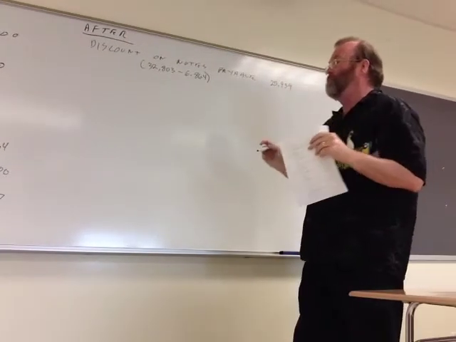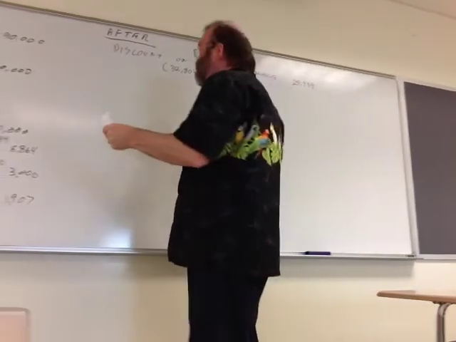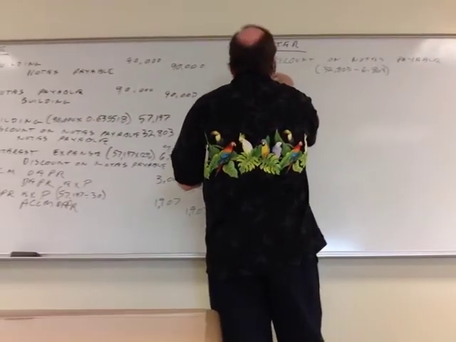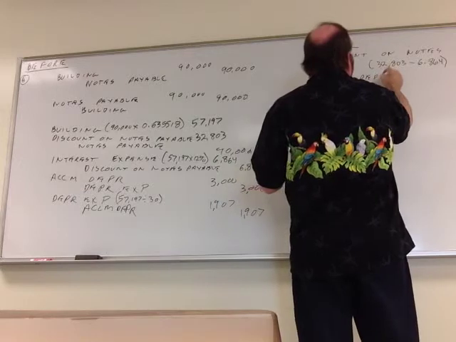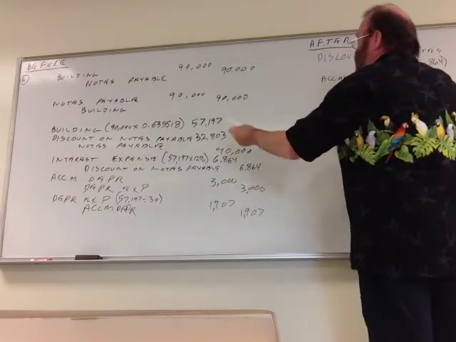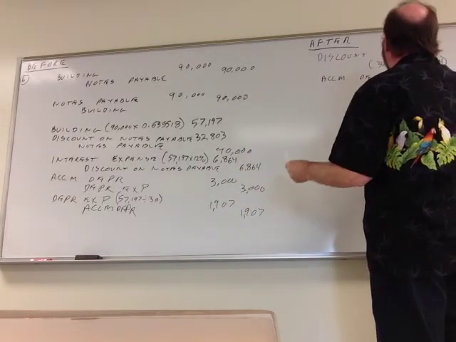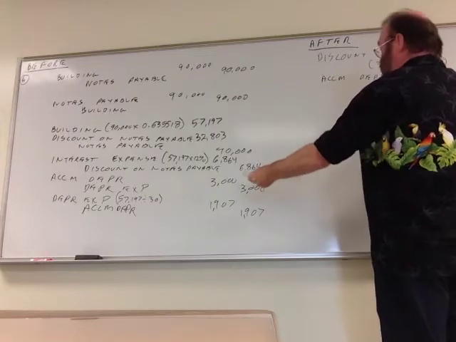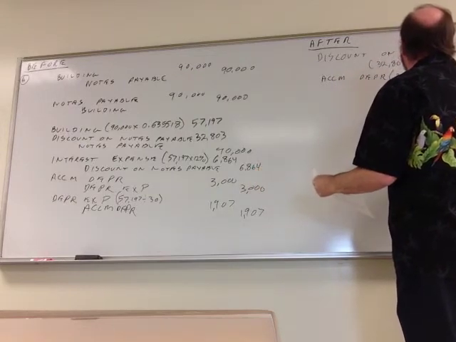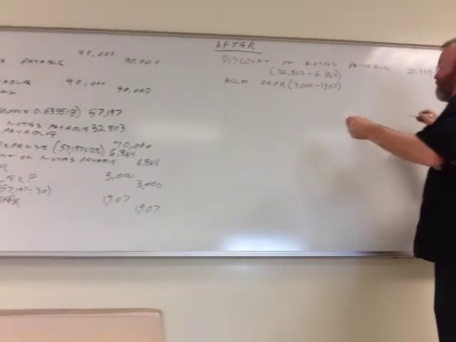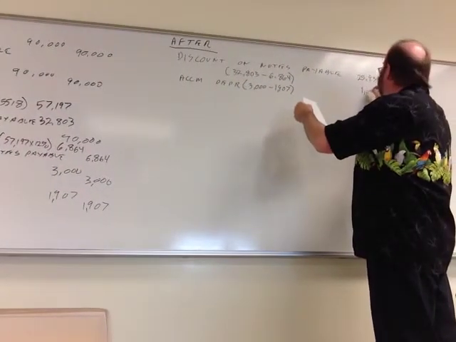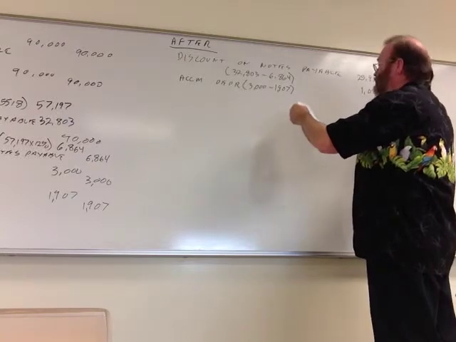Your accumulated depreciation is overstated because you originally took 3,000 and you should have only taken 1,907. So the net on that is 1,093.